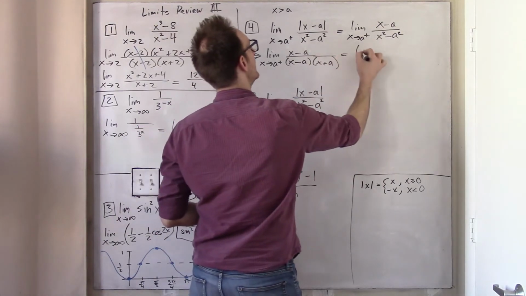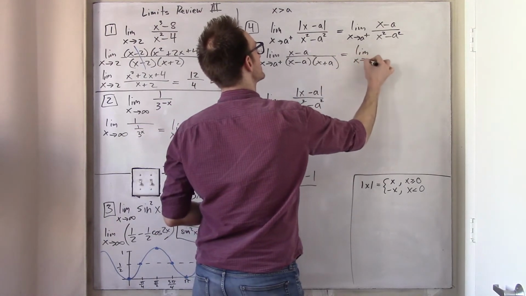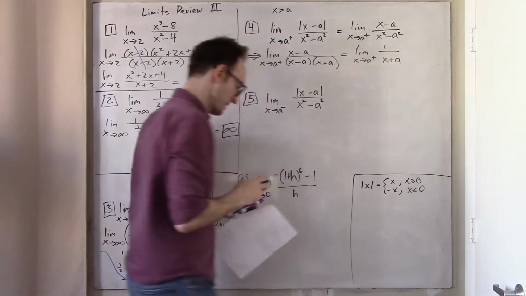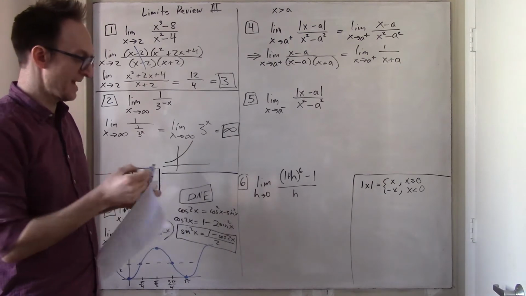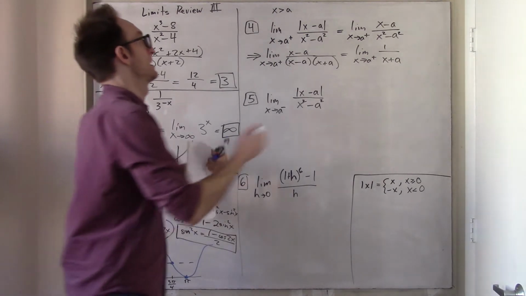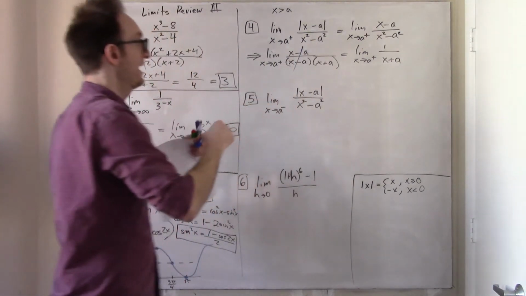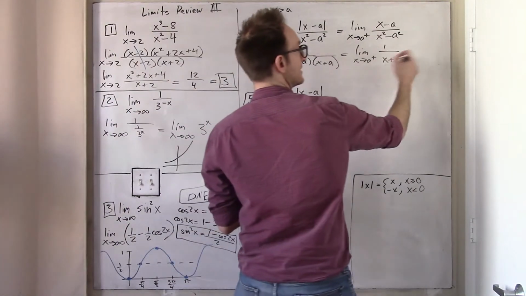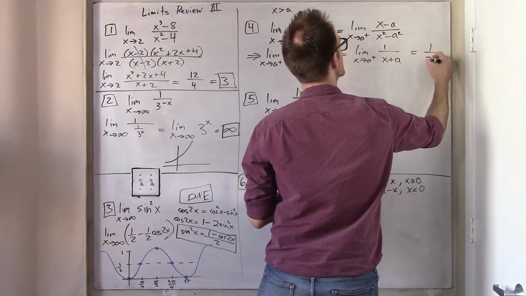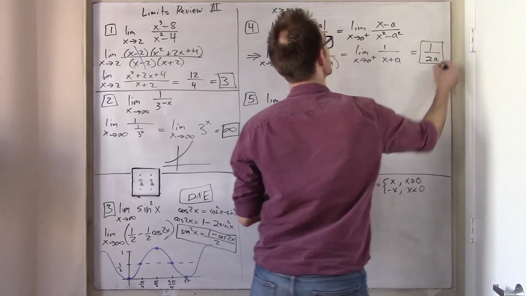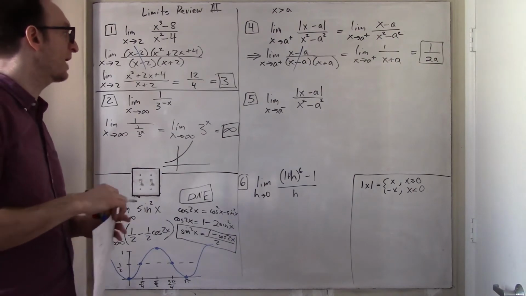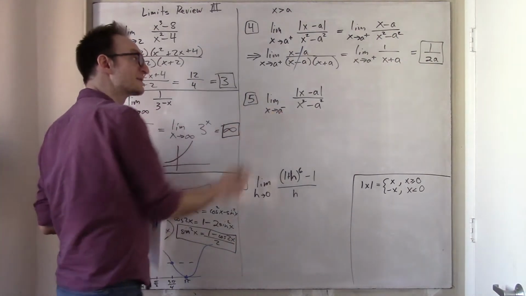And so, this is just the limit as x approaches a plus of 1 over x plus a, because I canceled these. And of course, if x is very, very close to a, then this is just 1 over 2a, and there it is. Okay, number 5 is basically the same problem, but now I'm approaching a from the left.